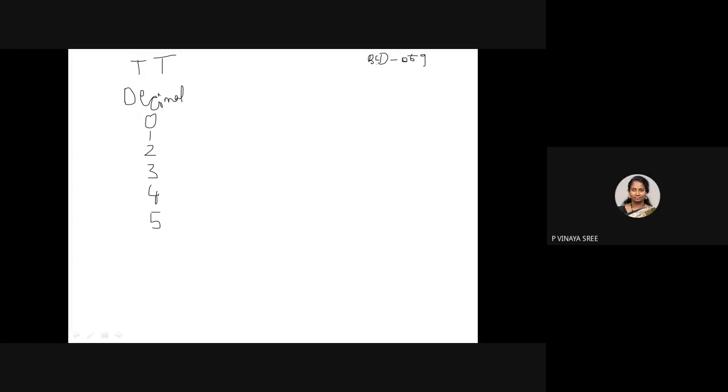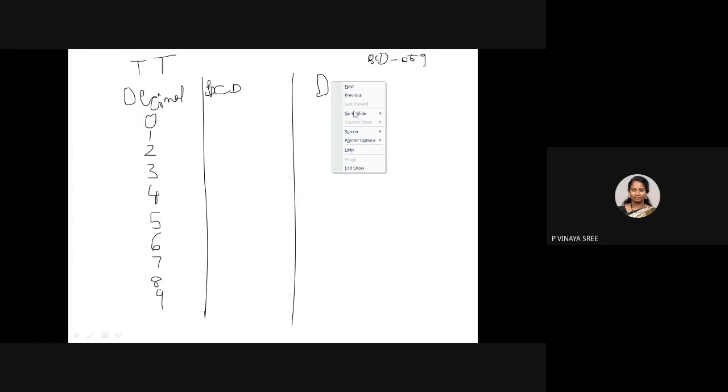It is binary coded decimal, so the decimal base is 10, represented from 0 to 9. So 0, 1, 2, 3, 4, 5, 6, 7, 8, 9. This is decimal. The input we are taking is BCD, and the other one is XS3.